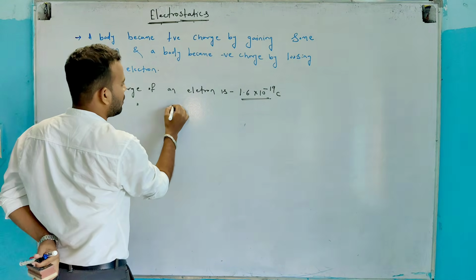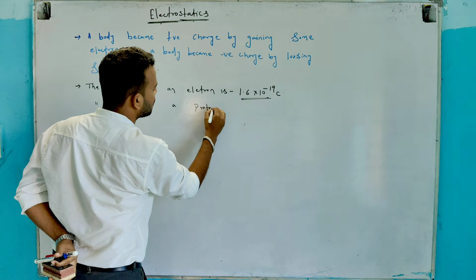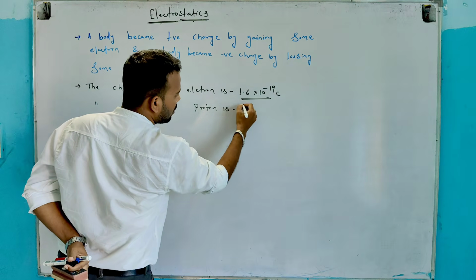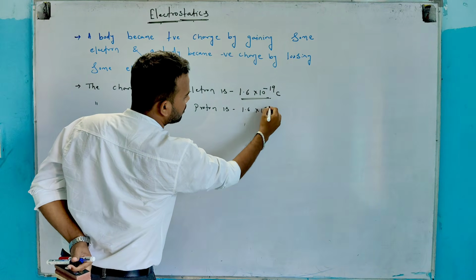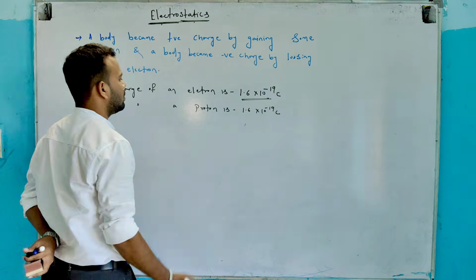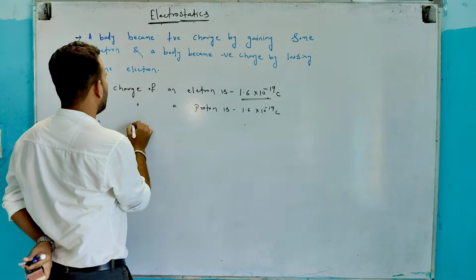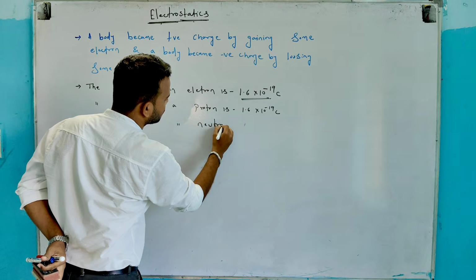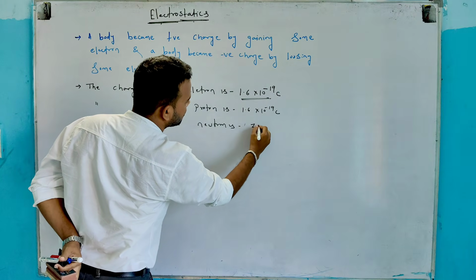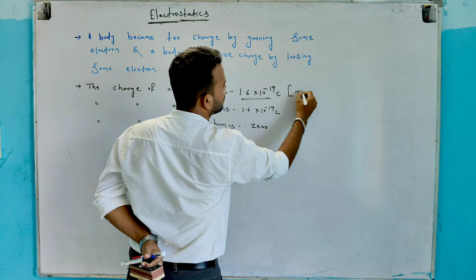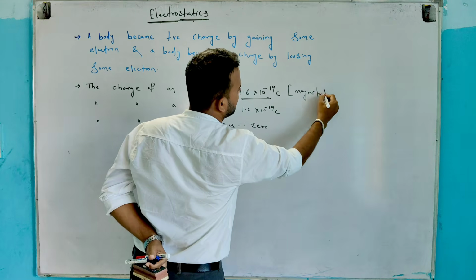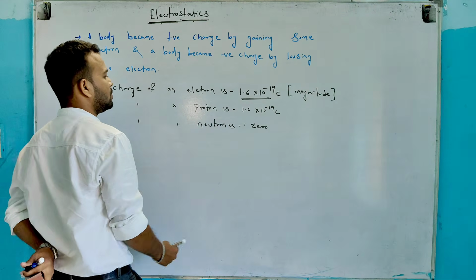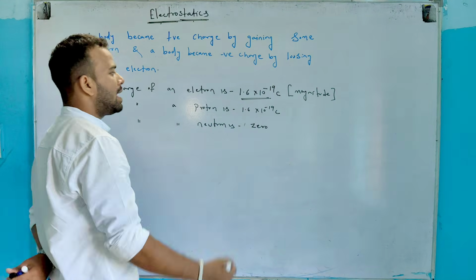The charge of a proton is 1.6 into 10 to the power minus 19 coulomb. The charge of a neutron is 0. Magnitude 0.